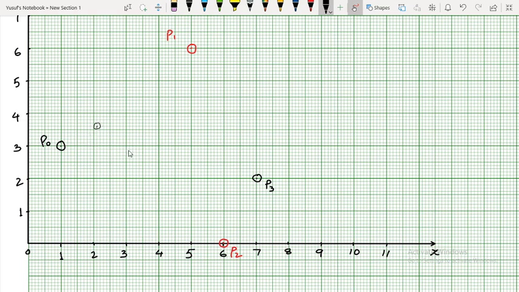Then 3.1 and 3.9, the point will be here. Next point is 3.9 and 3.7, the next point will be here. Then 4.6 and 3.4.